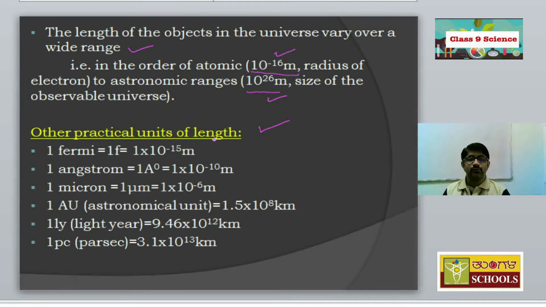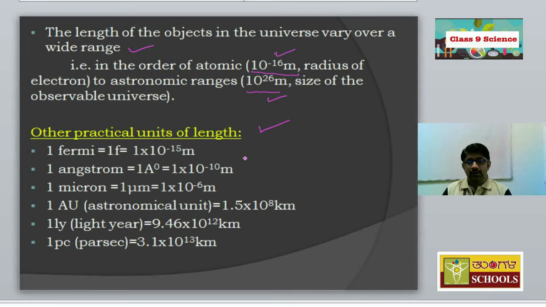Mark my words very carefully, dear students, please take a note. These units are only being preferred for length, not for any other physical quantities. It is only meant to be for length. That's why I mentioned other practical units of length.